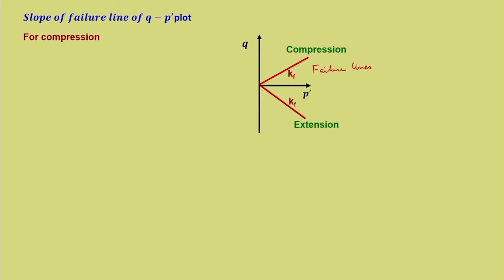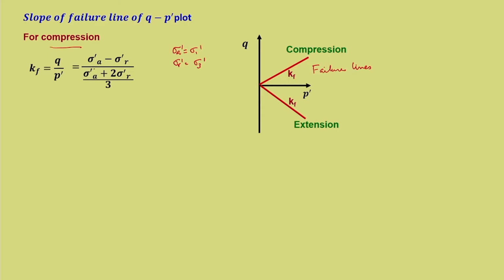So, depending upon whether it is compression or extension, we need to take appropriate stresses, and that we have seen in the previous slide. So, Kf is nothing but Q by P dash. Now, we are taking the case of compression. So, this means that sigma A dash is equal to sigma 1 dash, sigma R dash is equal to sigma 3 dash.